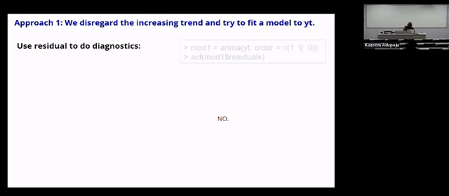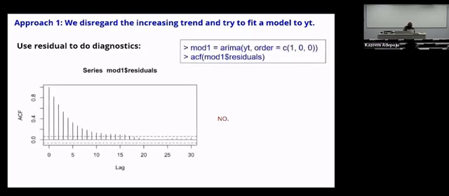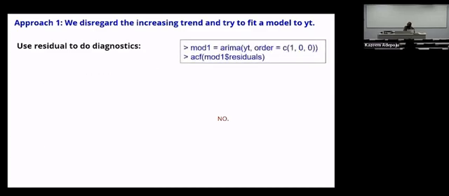Let's see. If you want to do that, this is the code in R. You basically want to generate the autocorrelation function for the residuals, assuming an autoregressive model of order one.